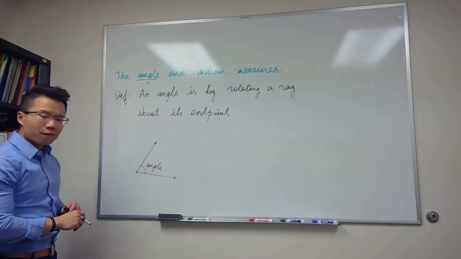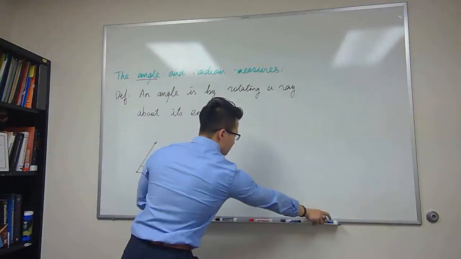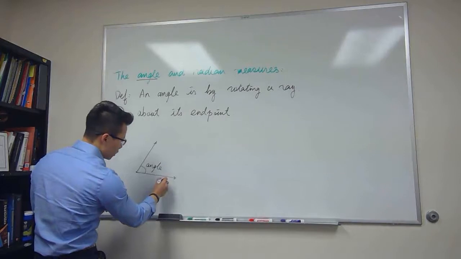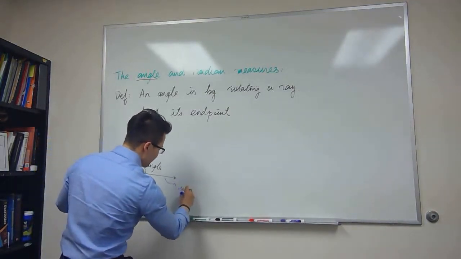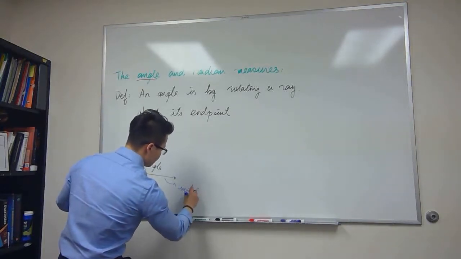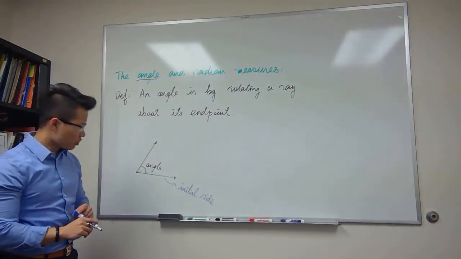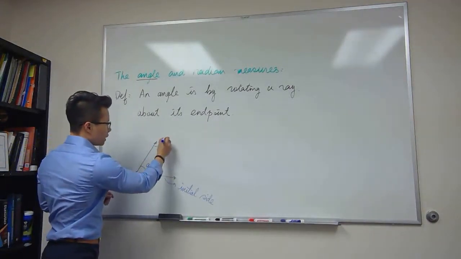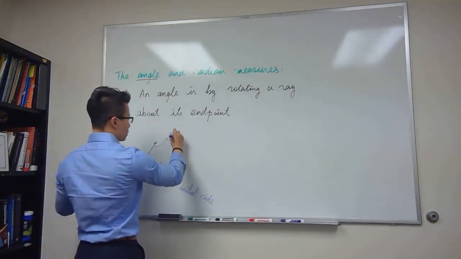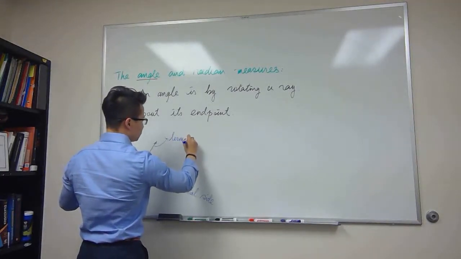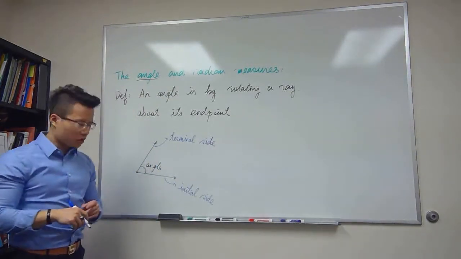Okay, and from this ray and these positions, we give some names to it. The first one is the starting position, what we call the initial side. Okay, so this one is the initial side. And the last one is what we call the terminal side.